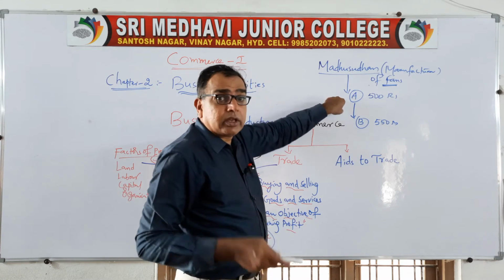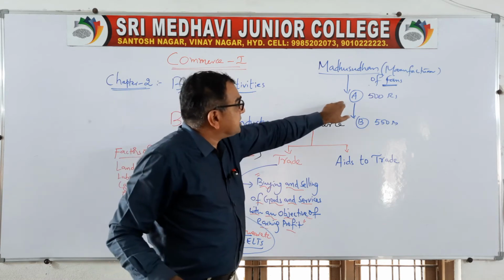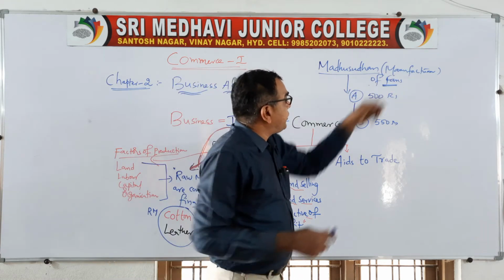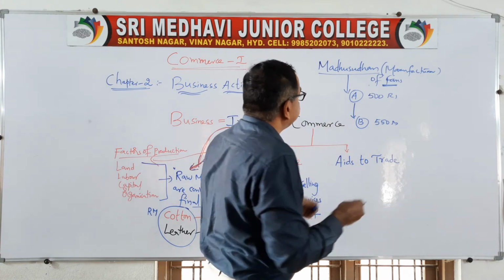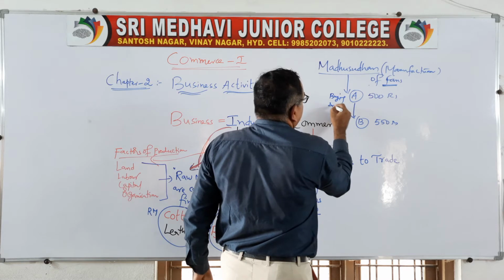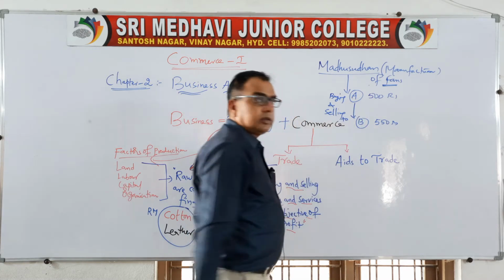What is Mr. A doing? Is he manufacturing the goods on his own? No. He is purchasing the goods from Mr. Madhusudan, who is the manufacturer. A is buying and selling to B. Very simple.